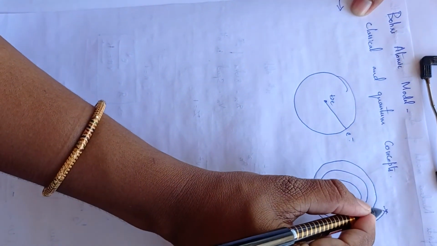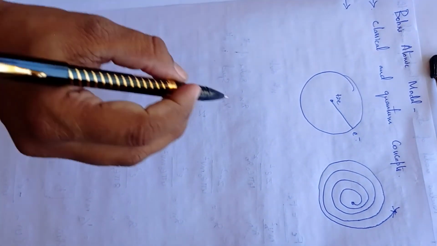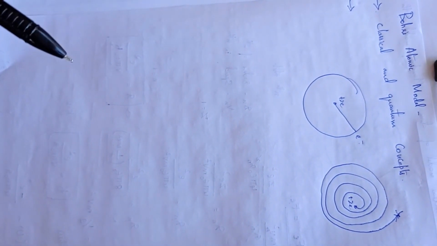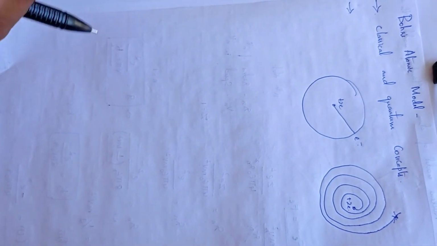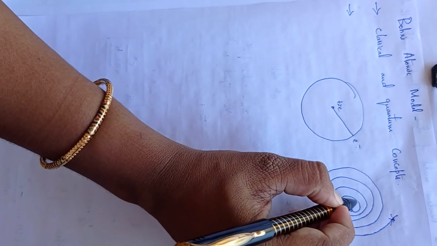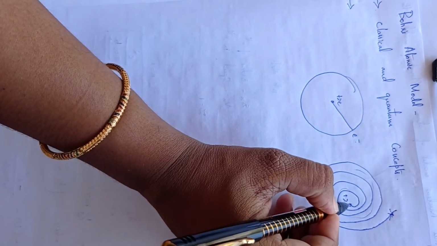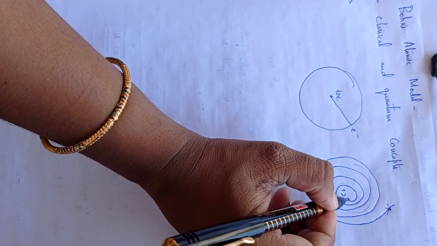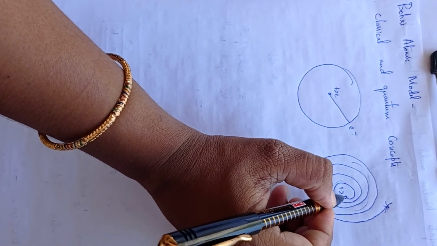According to classical theory, this is a nucleus. As the electron radiates, its energy will be lost. It loses energy continuously, takes a spiral path and falls into the nucleus. This is the actual fact, but in case of Rutherford, the electron should not fall into the nucleus.